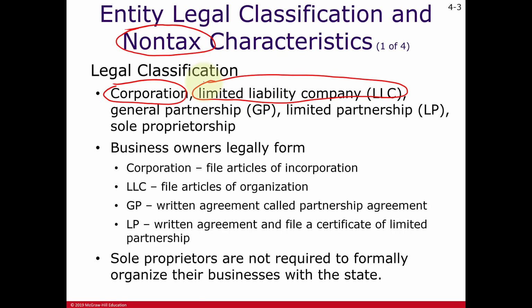And if there is a business liability, the creditors generally can only go after the assets in the corporation or LLC. Now, if you run your business in a partnership or sole proprietorship, generally business creditors can go after the assets in the business and also go after the owner, whatever assets they own individually.